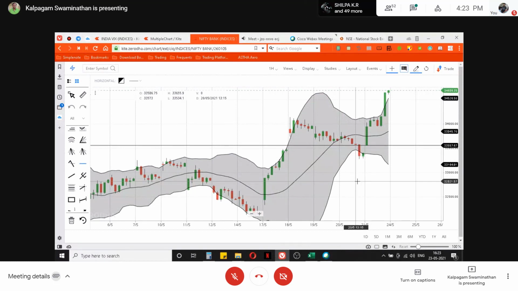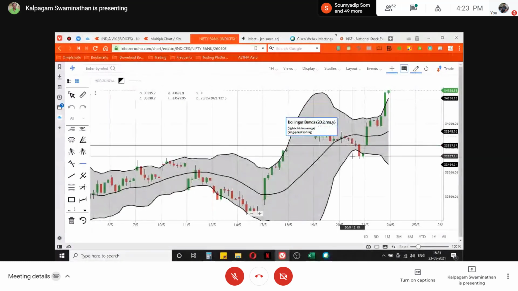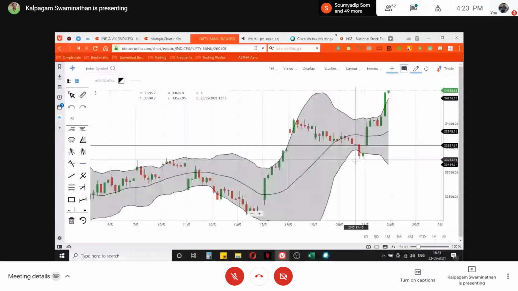When the price is falling and it has crossed below the 20 moving average, it means that momentum is to the downside, right? So the price has to come to the next level, which is the lower band. This is what he had mentioned.